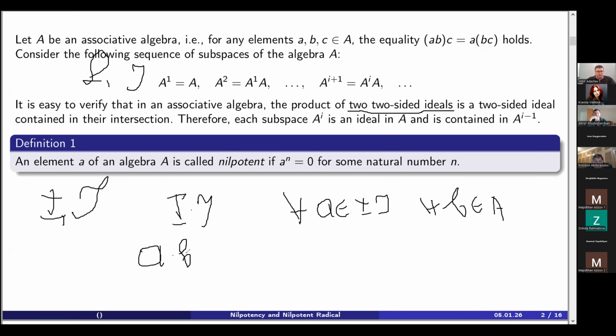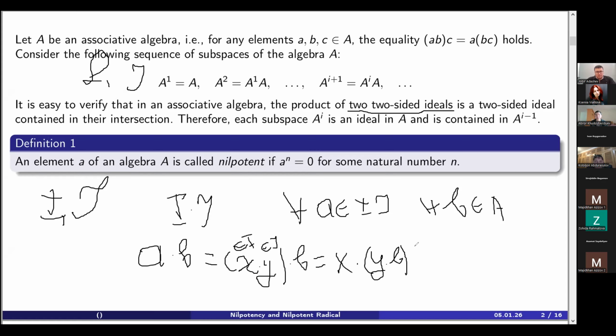Consider a belonging to I multiplied by J, so a = x multiplied by y, with x in I and y in J. By associativity, a multiplied by b is x multiplied by (y b), and by ideal J, y b belongs to J. So a b belongs to I multiplied by J.